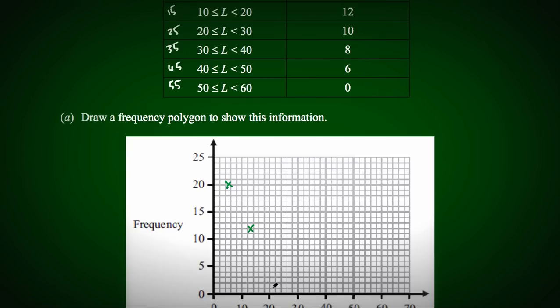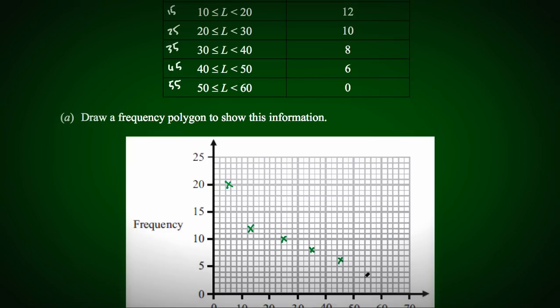Oh no, I've got to do 10 at 25. 8 at 35. 5, 6, 7, 8. 6 at 45.